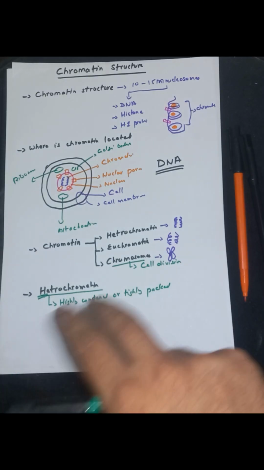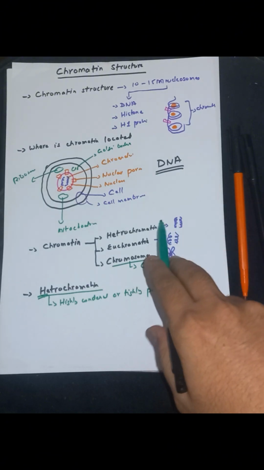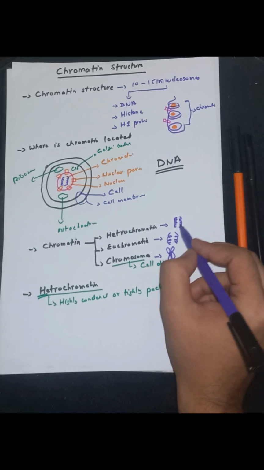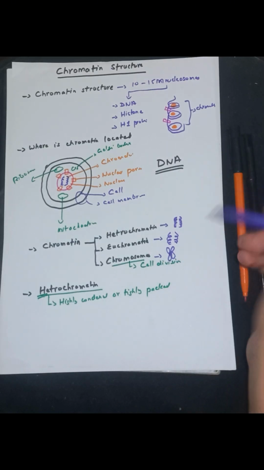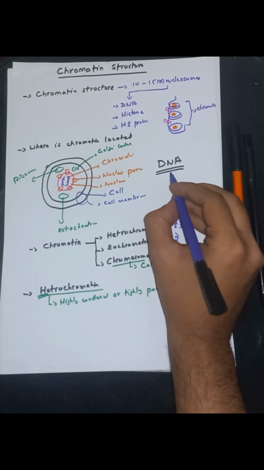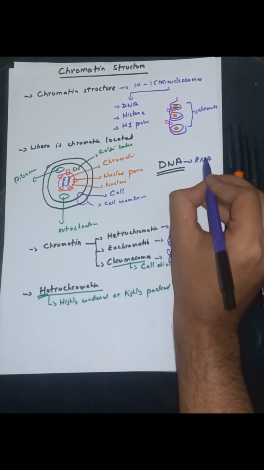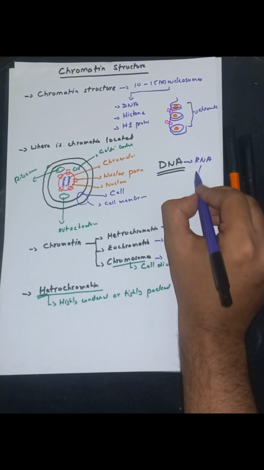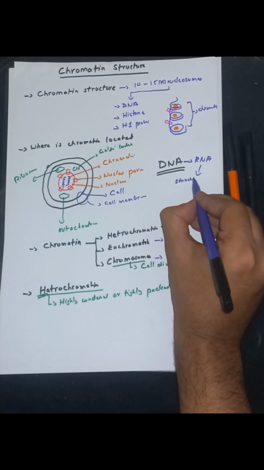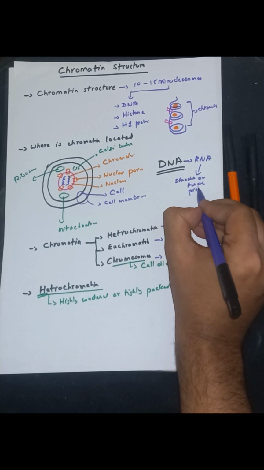And what will happen if it is tightly packed? We must know what DNA is doing before that. What is the importance of its tight packaging and loose packaging? Look, this DNA has to convert to RNA, and then RNA has to form structural or functional proteins.